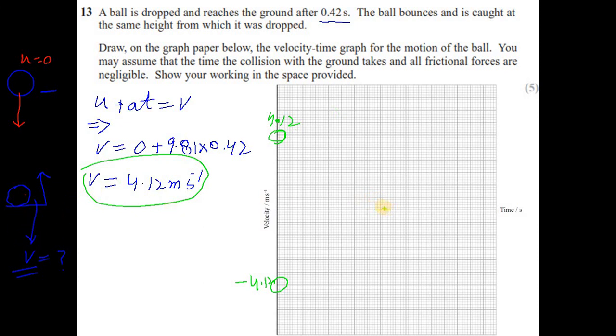We need to mention it according to the scale. We are going to mention the time 0.42 somewhere, and the time when the ball is caught again. Because there is no energy loss, this time would be double this time, so somewhere here we would have 0.84, and then we are going to sketch our graph.